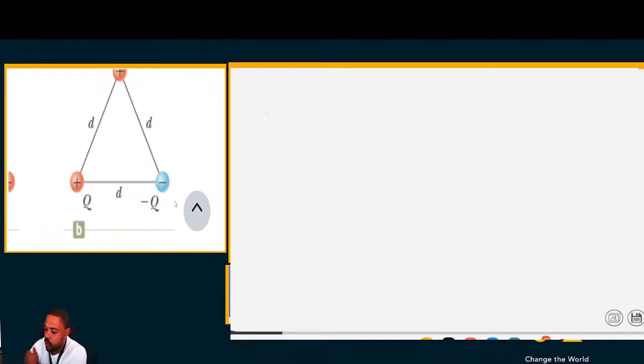So let's calculate it for setup B. We're starting with the top one, though you can start with any one. So it's going to be a positive, a negative and a positive, so positive k. I don't need to write the positive, but I choose to.